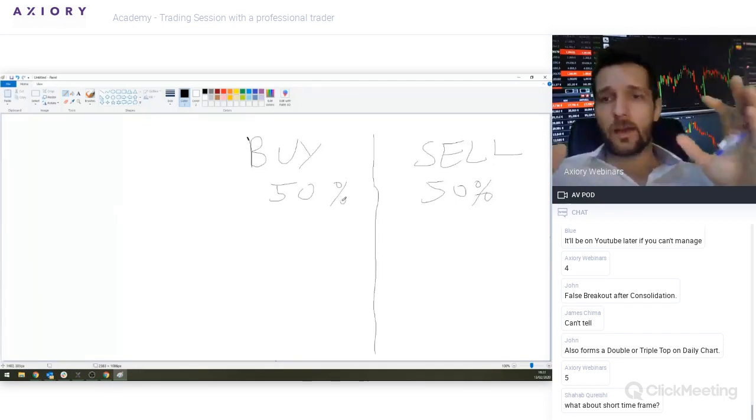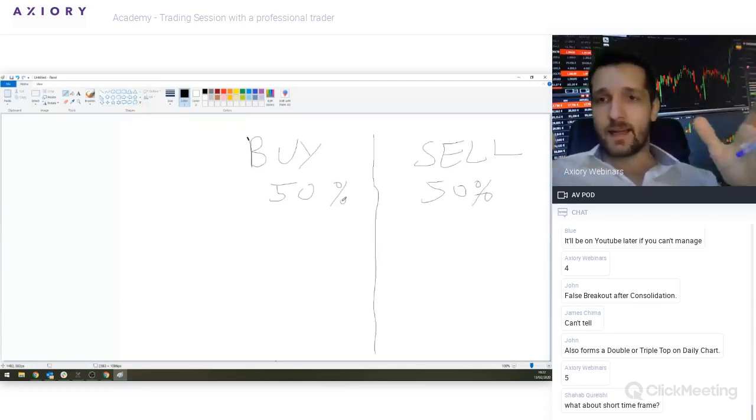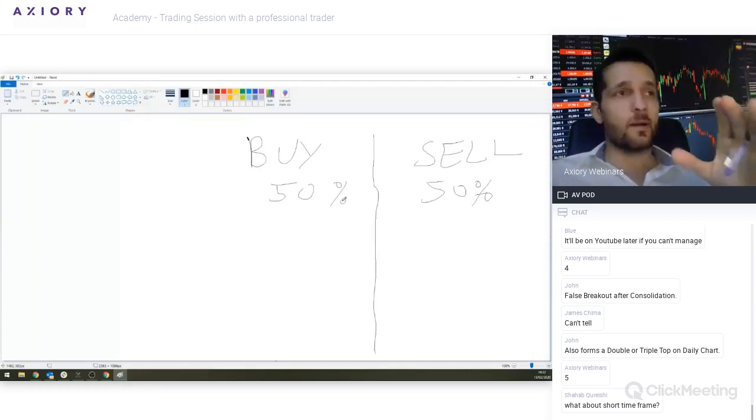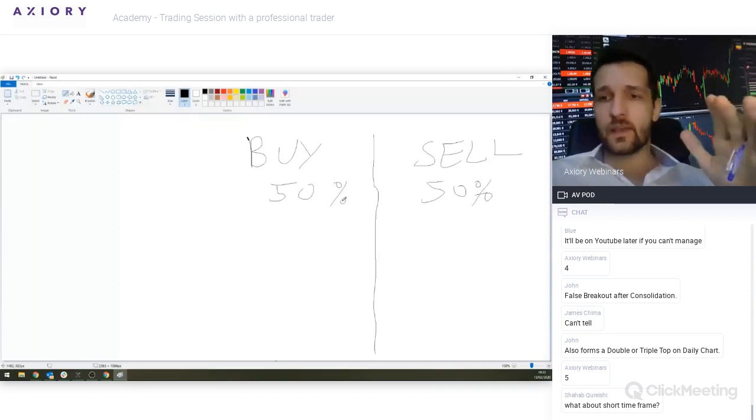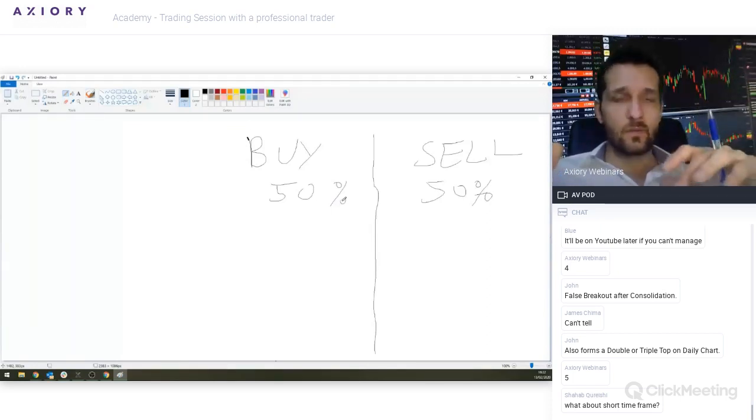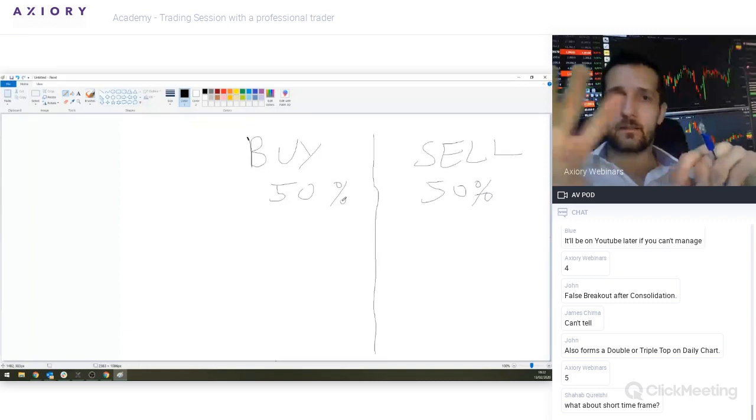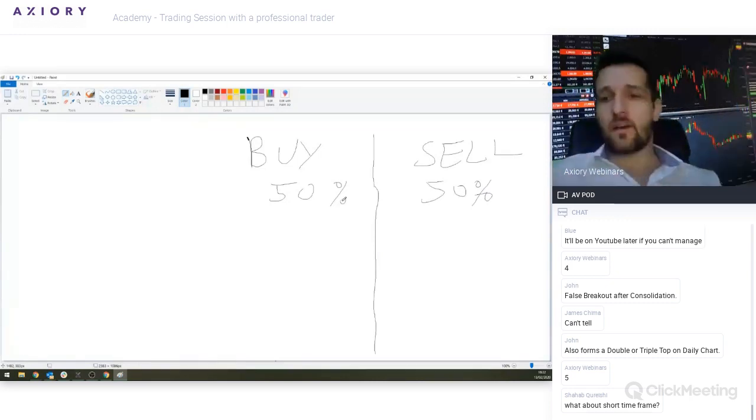Then when you open a chart, plain chart, you start analysis. So you apply all those things that we learned so far on this course. What I do are four main factors. First one is trend.